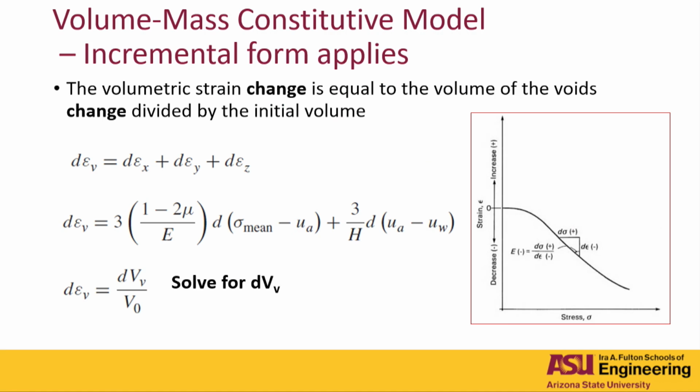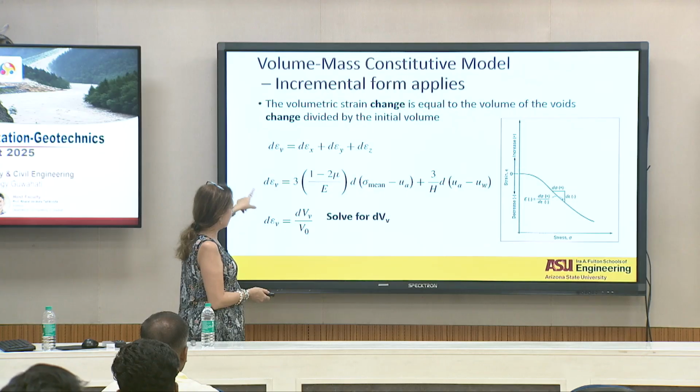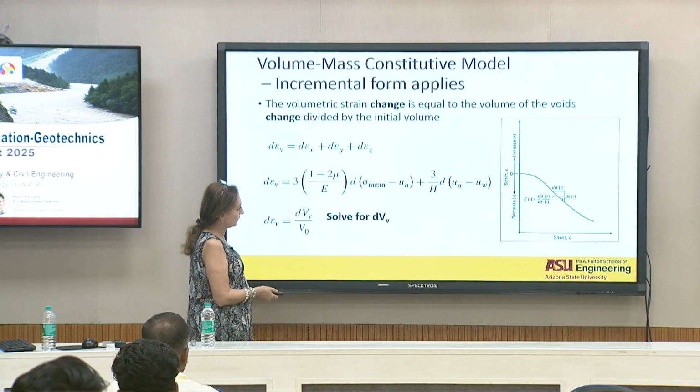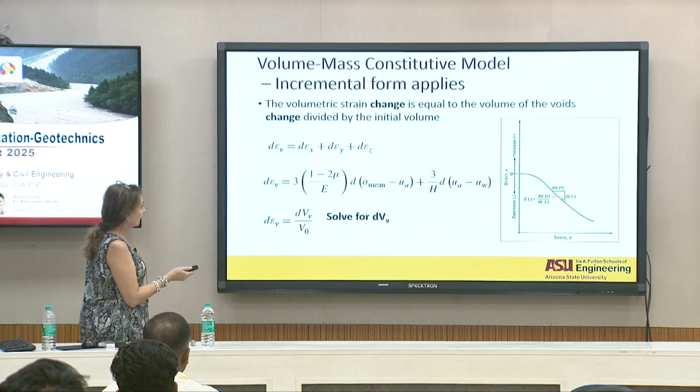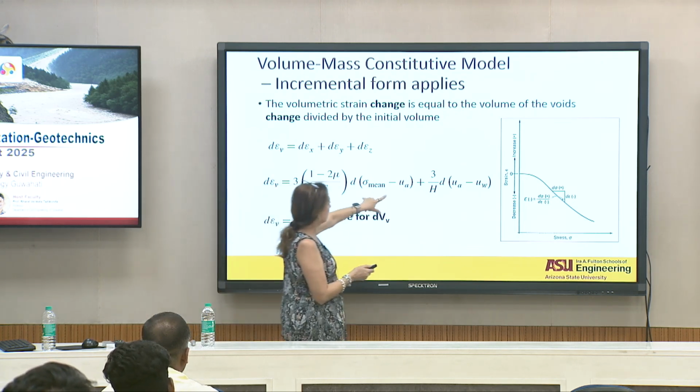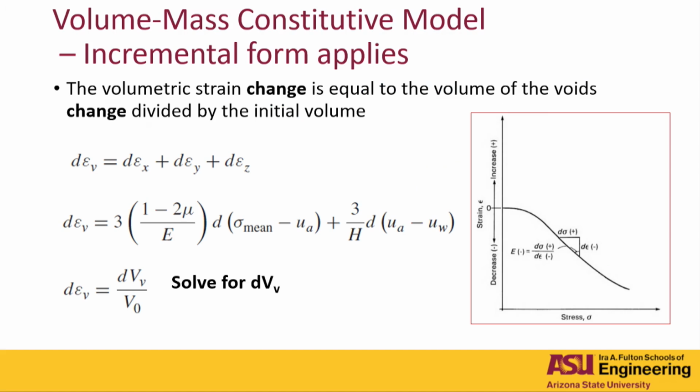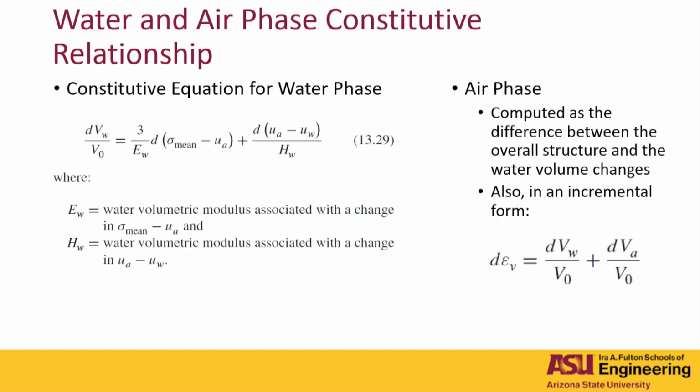This one is the equation that you just saw before for one condition, and then you solve for the change in the volume of voids when you use that equation. So again, we divided the two stresses in here. So that's the same equation.